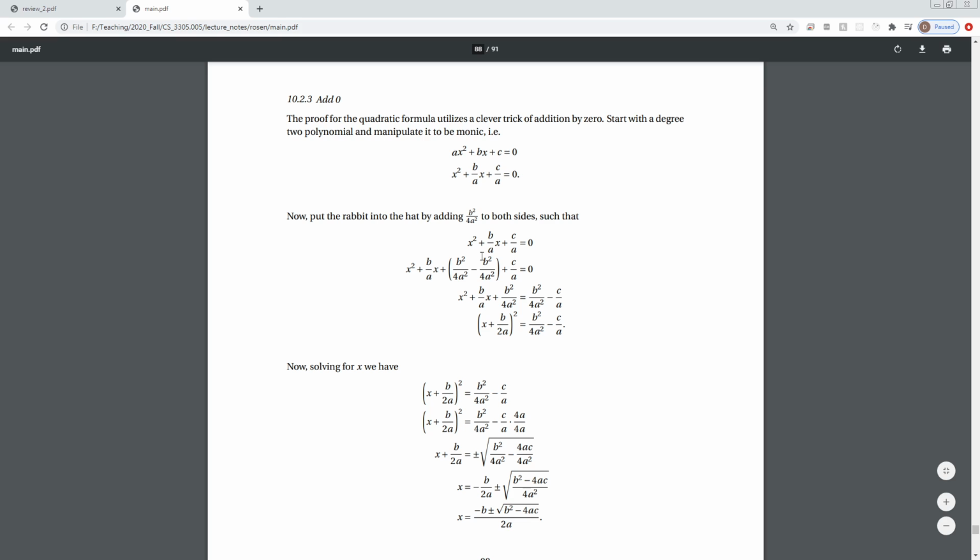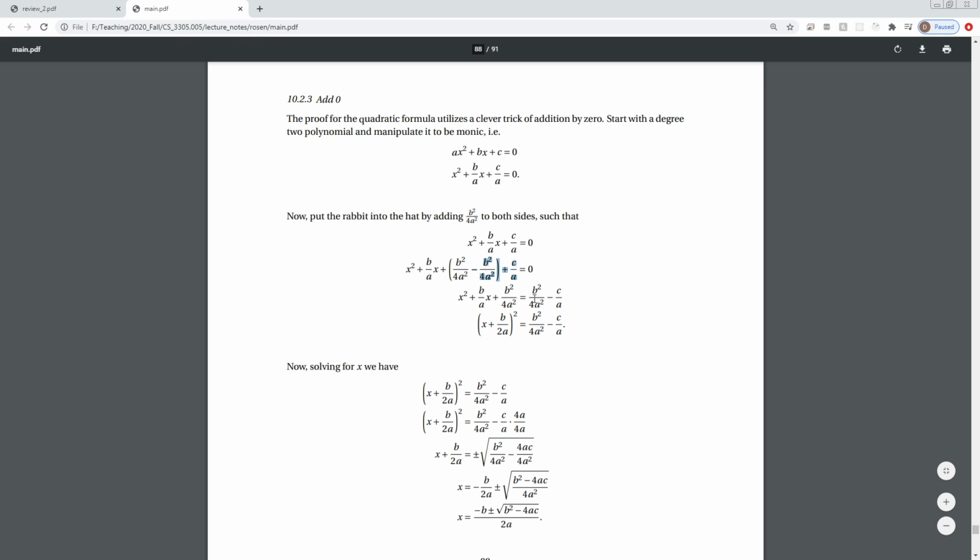And then the real clever trick here is adding 0, but 0 that looks like this: b squared over 4a squared minus b squared over 4a squared. Well, this is 0. We can add that in anytime we want. And so now we use associativity, and we group this one with this.